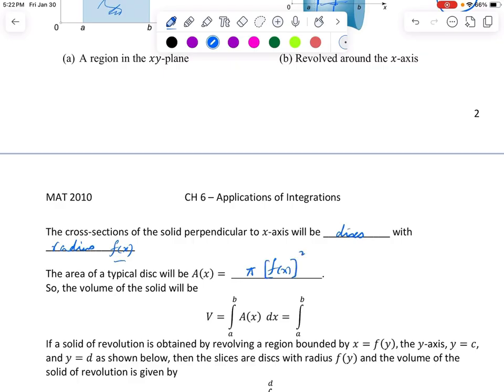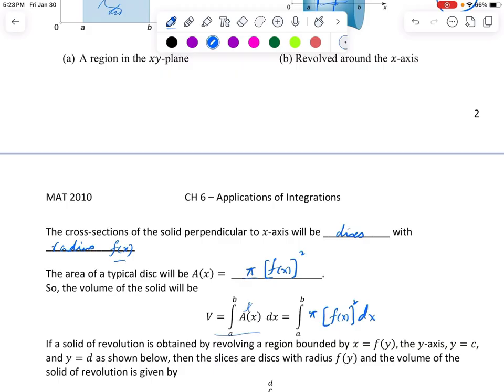Pi is not squared, remember, only the radius is squared. So the volume of the solid will be, in this formula, the area will be replaced by this quantity. So we get pi into f of x whole squared dx. That will be our volume.